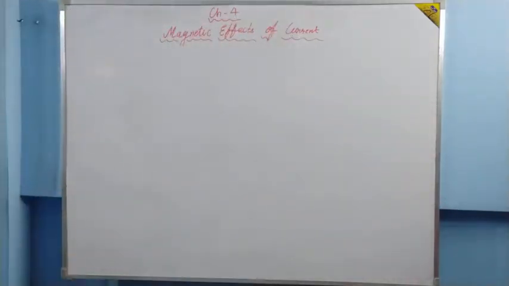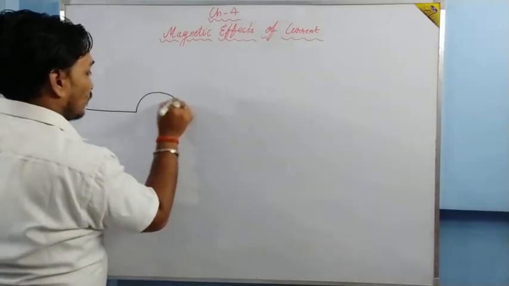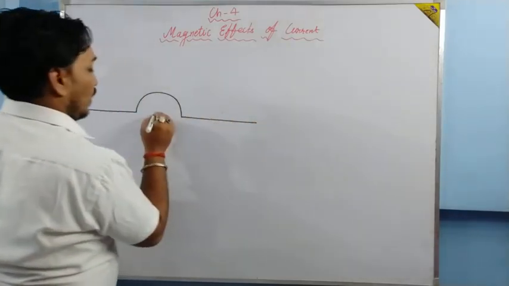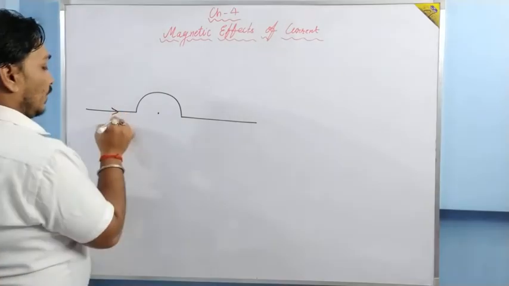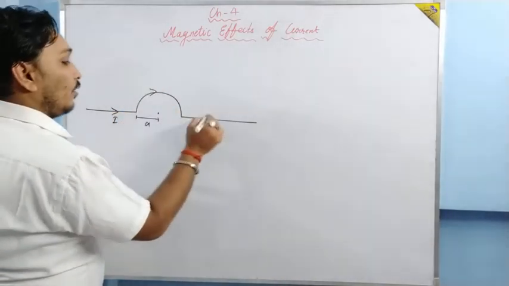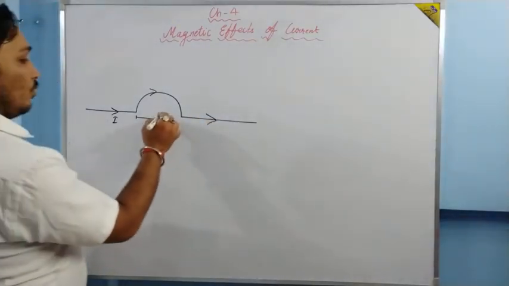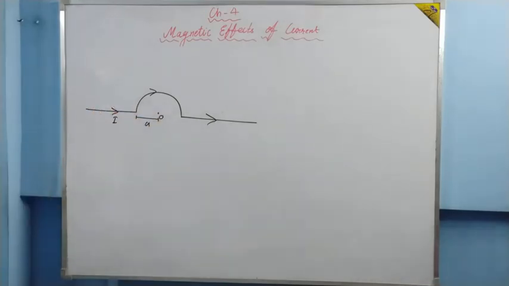Suppose one question is there and it is in the NCERT also. Here at the center, let this current be I, let this radius be a. Current goes like this. Now what we have been asked: what is the magnetic field at the center O due to this wire?